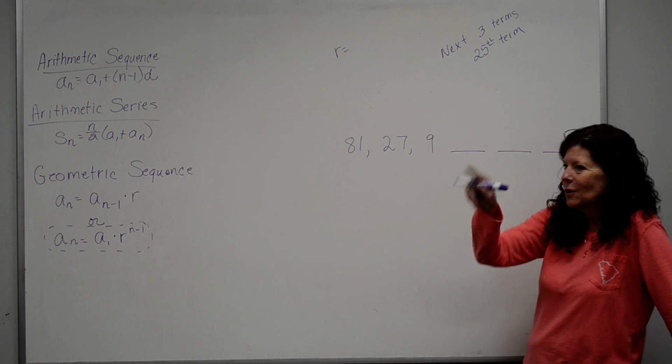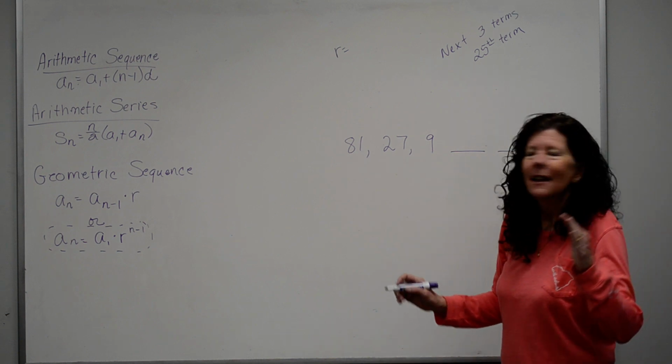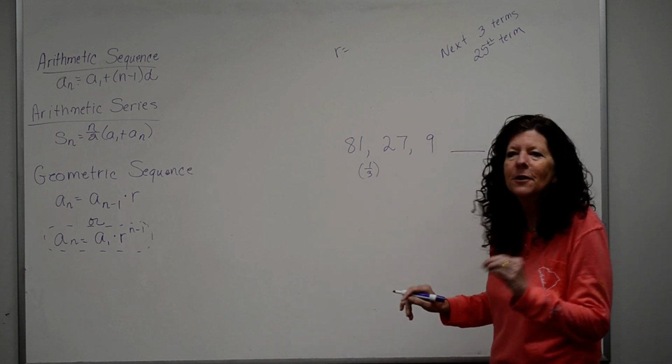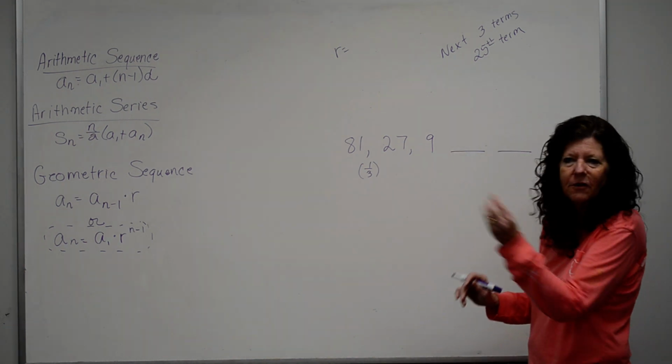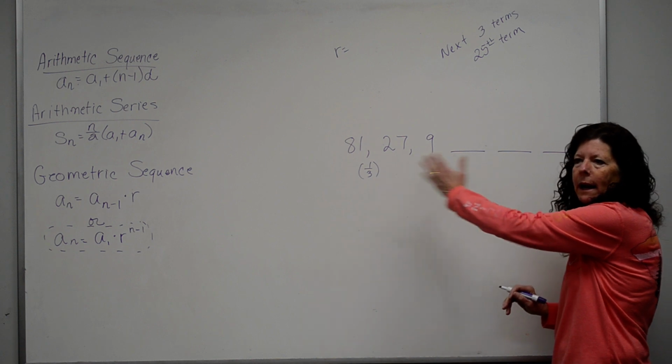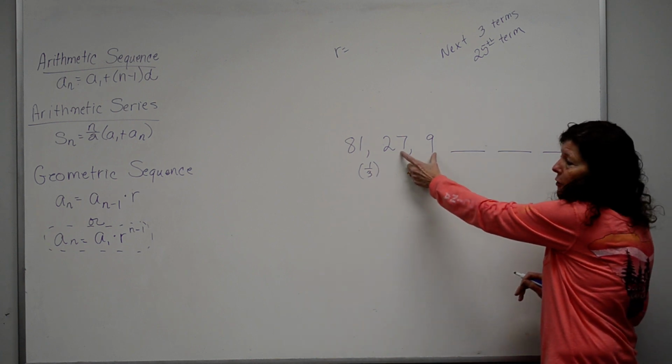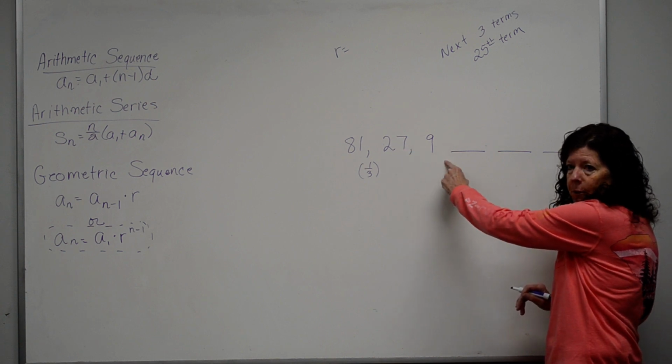1/3. It's 1/3. Okay, that's probably the hardest part about this, except for here's what I would suggest you do. You can find the common ratio anywhere in the sequence. Right here, you can see that 27 divided by 3 is 9.